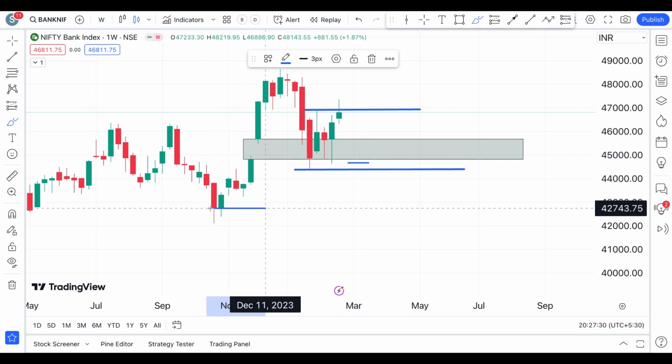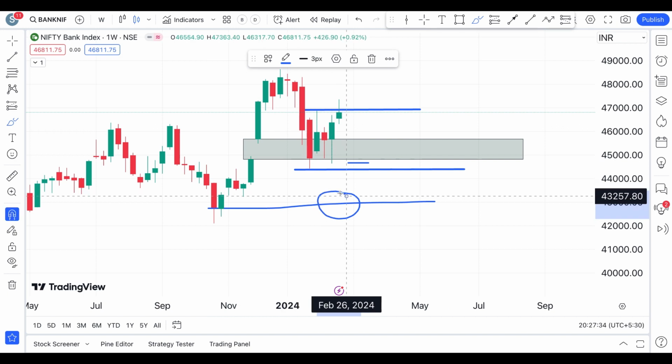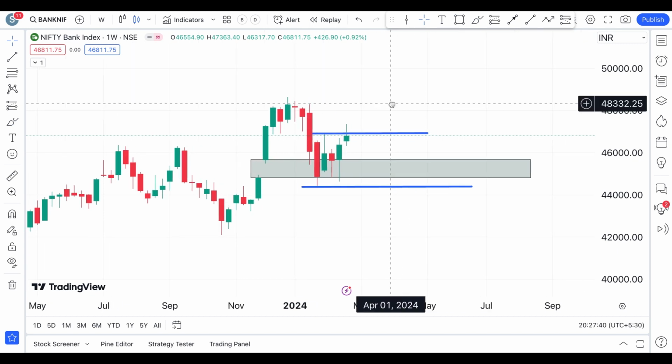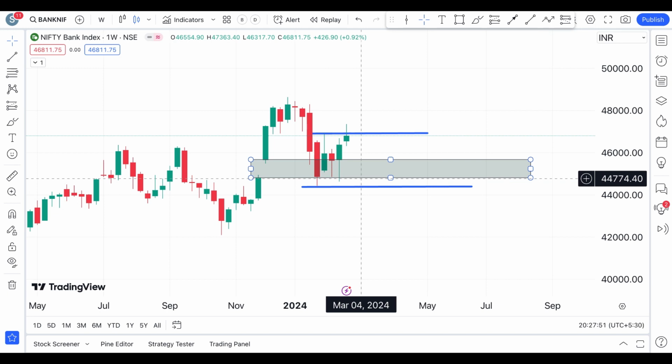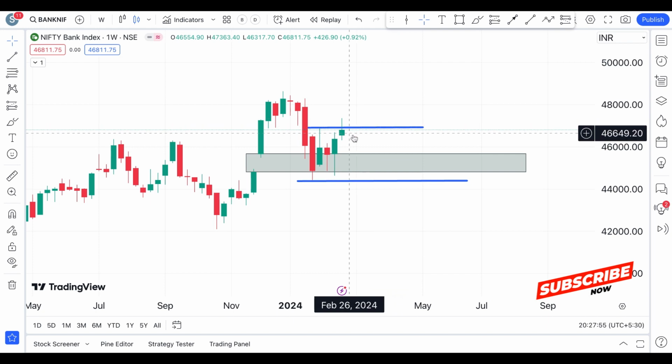Then you should look for the next important level, that is going to be this level in the Bank Nifty. Until then, even though we cannot say that it's strongly bullish on a weekly chart, moderately it's looking bullish. Until this level breaks, we cannot say that it's going to be a downside week for the Bank Nifty, but you can expect some pullbacks.